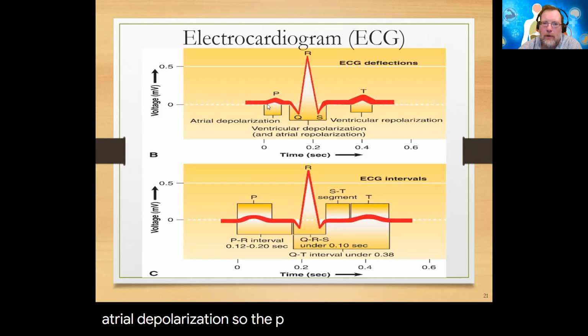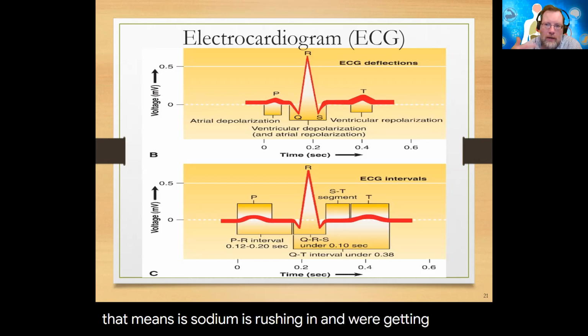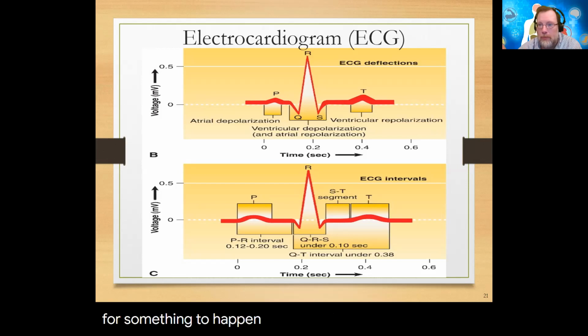So the P wave represents the beginning of the atrium or the atrial cells depolarizing. And again, what that means is sodium is rushing in, and we're getting ready for something to happen. Okay, and action, there's potential for action to occur.